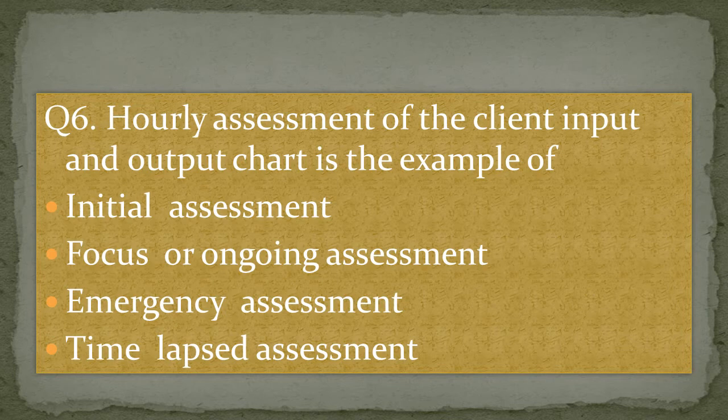So here the correct option is option B, focus or ongoing assessment, because by early assessment we mean the ongoing assessment, that we have a patient and every hour we are going to assess the patient, to assess the input and output of the patient. So here the correct option is the second option.